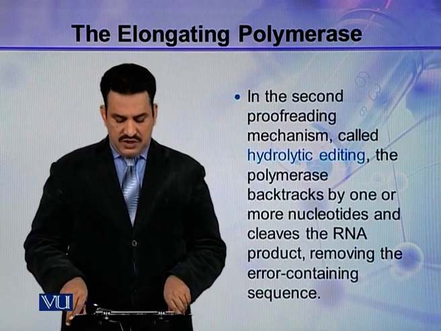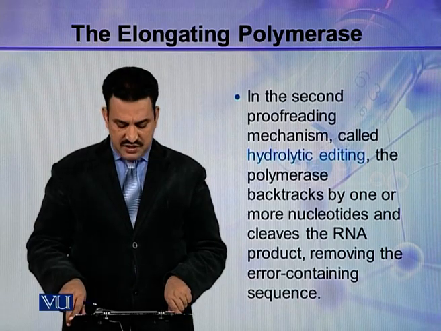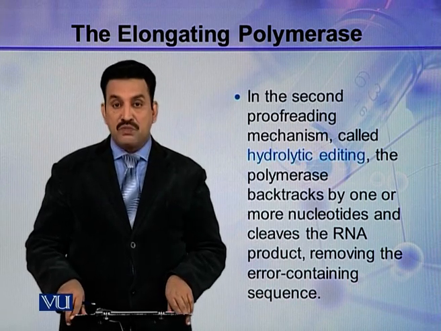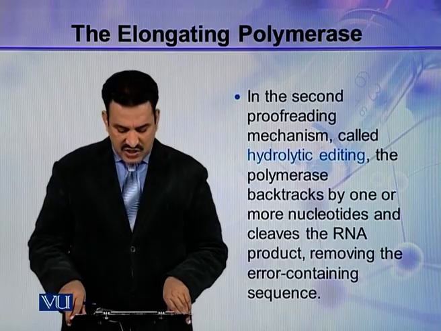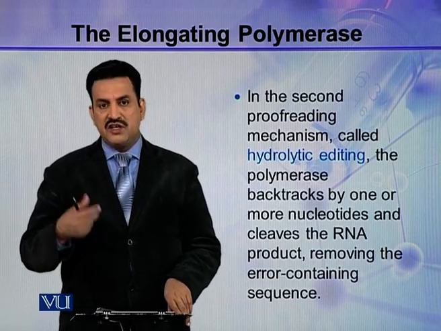In the second proofreading mechanism, which is called hydrolytic editing, the polymerase backtracks by one or more nucleotides and cleaves the RNA product, removing the error-containing sequence.